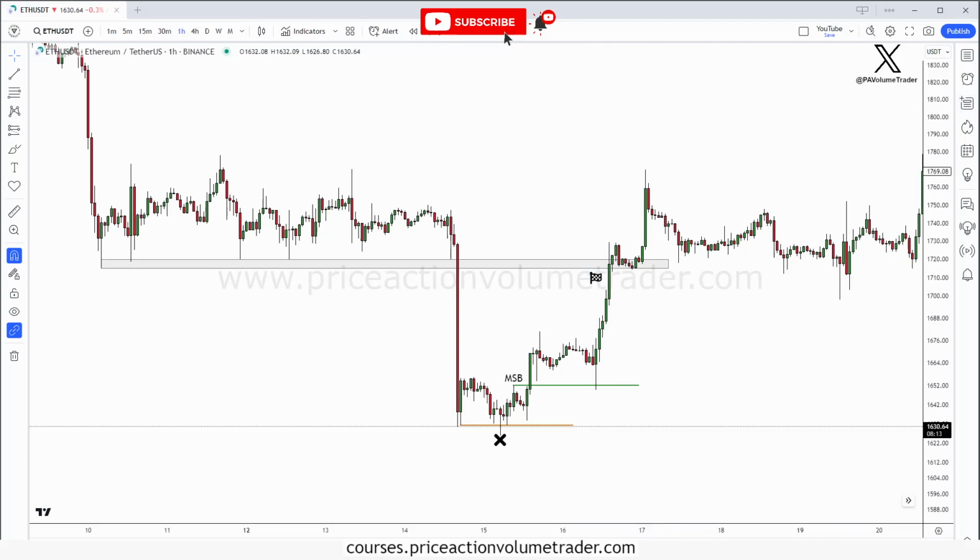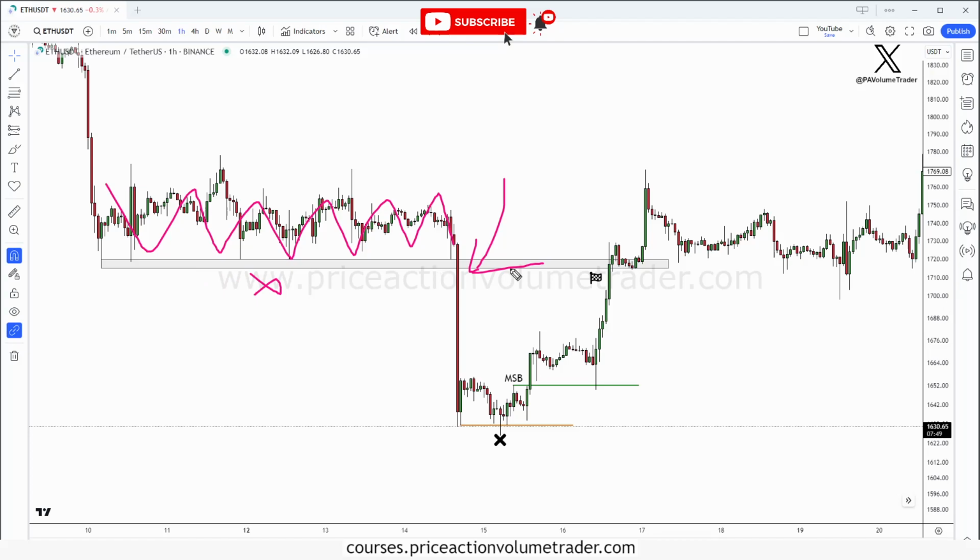So in this case you can see we spend many days in this very tight trading range. We had a huge down candle, most likely due to some news event, probably something to do with the ETFs, which has been sort of the big topic lately on crypto that has caused most of the volatility.